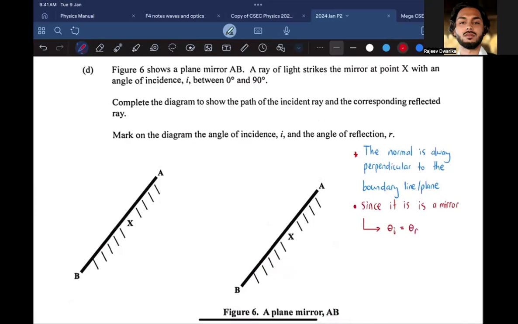So let me explain what I'm saying: the normal is always perpendicular to the boundary line slash plane.